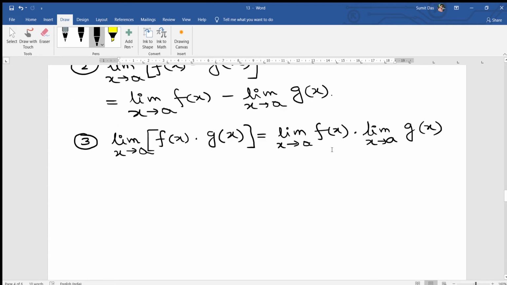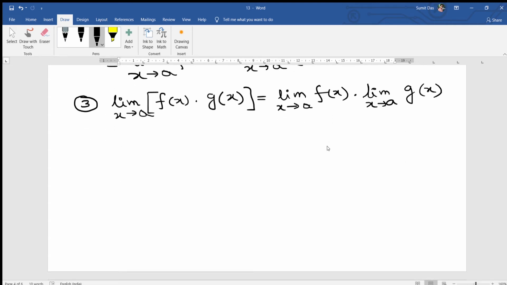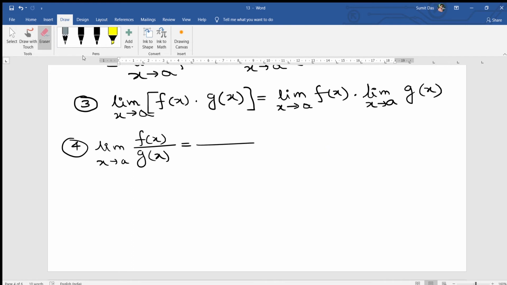Now obviously after division and product, there will be division as well. For division, it will be: limit x tends to a of f(x) divided by g(x) is equal to limit x tends to a f(x) divided by limit x tends to a g(x).